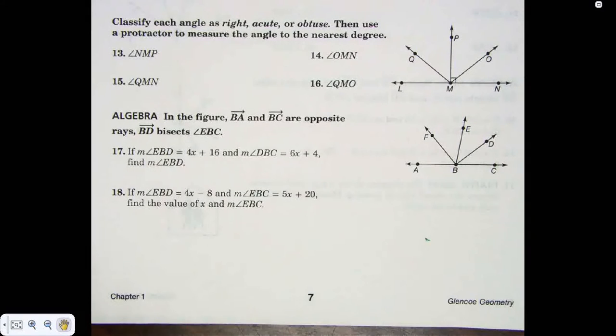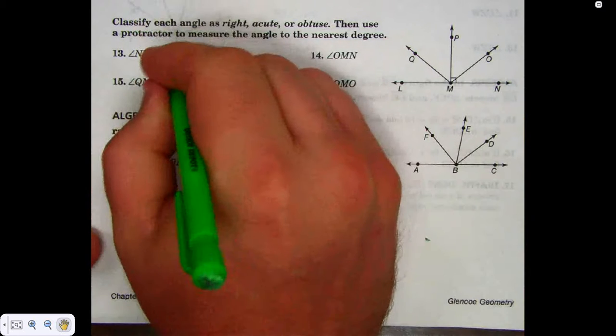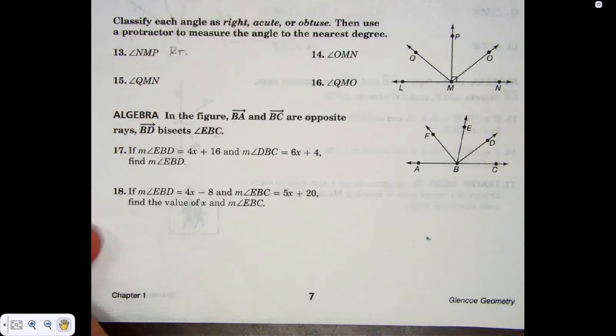All right. Classify each angle as right, acute, or obtuse. Then use a protractor to measure the angle to the nearest degree. First of all, let's just classify these. Angle NMP. Angle OMN.